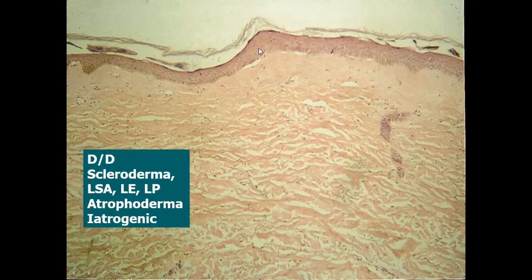And atrophic skin conditions are systemic sclerosis or scleroderma, lichen sclerosus et atrophicus, lupus erythematosus, atrophic lichen planus, atrophoderma, or it can be iatrogenic. So these conditions, which I have just mentioned, should be remembered in the differential diagnosis of any histopathology slide in which you notice epidermal atrophy.